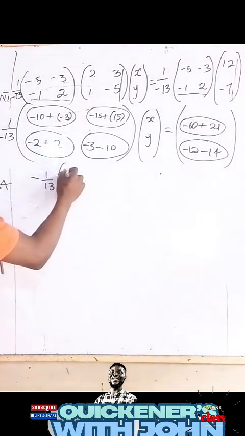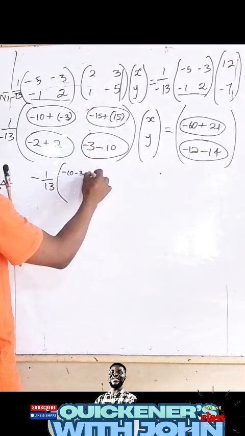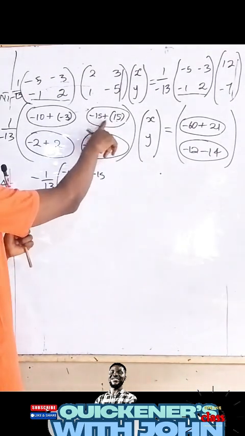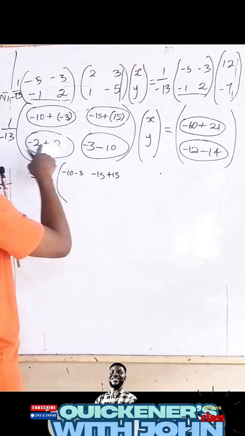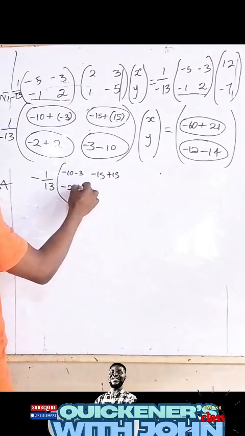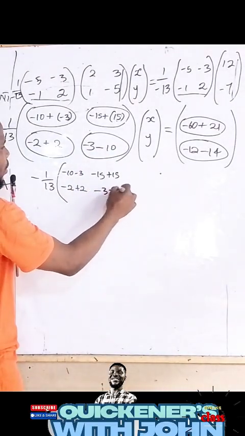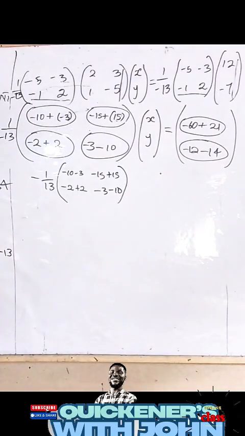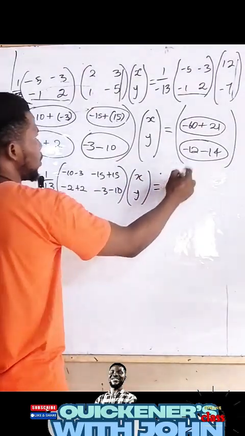Let me break it down. The next one is minus 15 plus 15, since plus times plus is plus 15. Can you see that? The next one, what you have here is minus 2 plus 2. And this one is minus 3 minus 10. So that's what you have now. Then you have your S then Y equal to what?